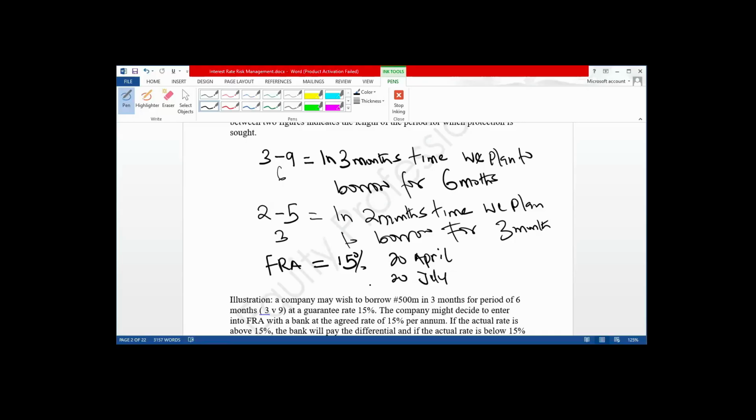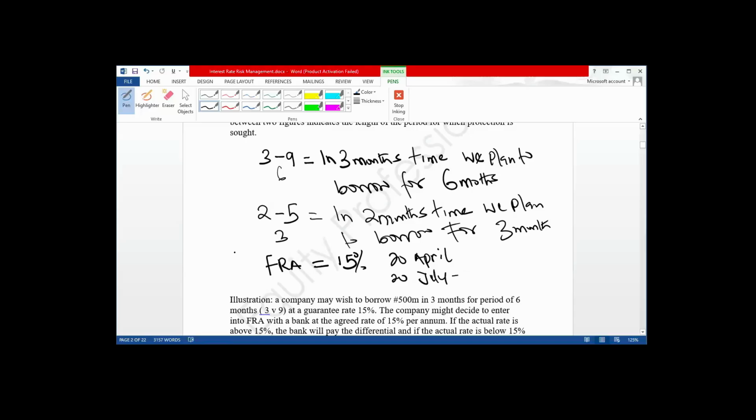Now, on 20th July, you want to borrow money. You now approach Zenith Bank. Zenith Bank is not aware that you have hedged with First Bank at a forward rate agreement of 15%.